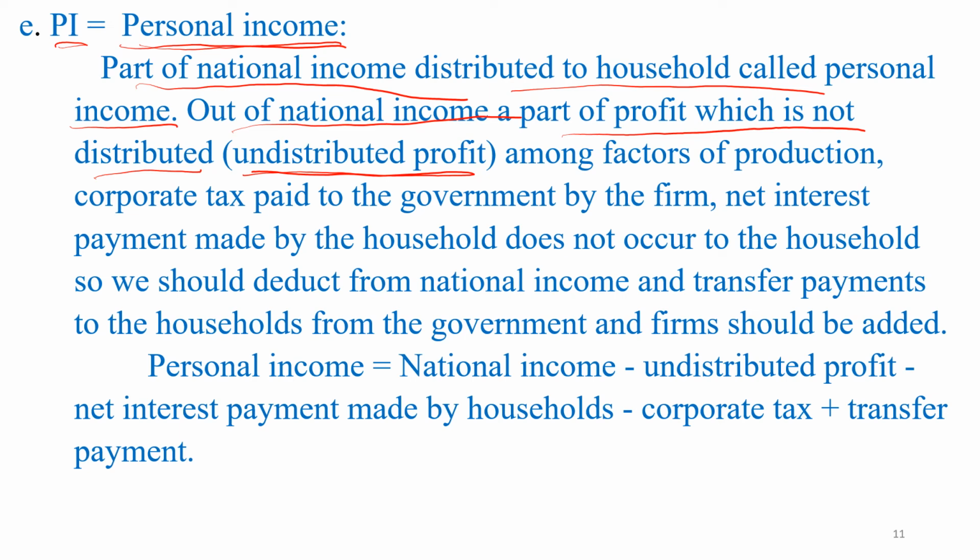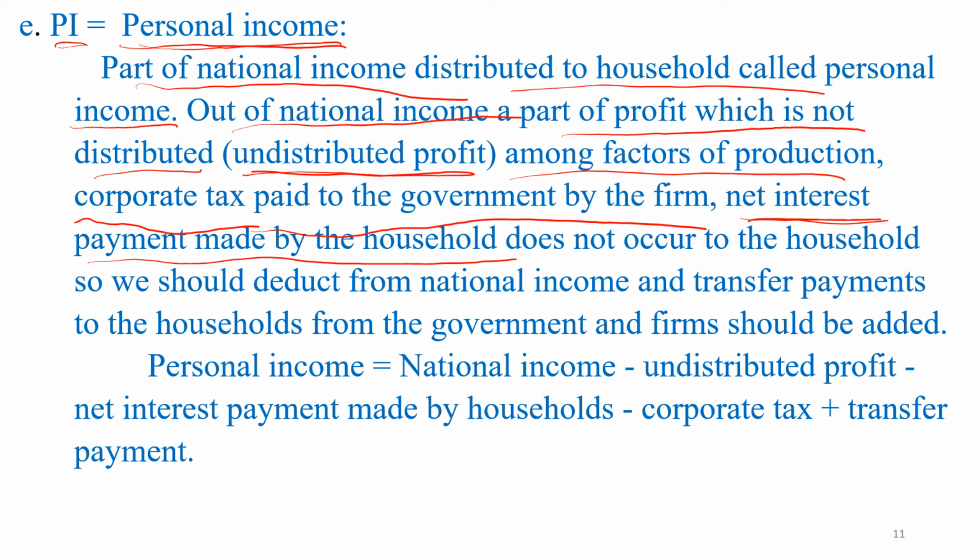So undistributed profit, which is not distributed among the factors of production, you have to deduct. Then you have to pay corporate tax to the government, and that corporate tax has to be deducted. And at the same time, you should deduct even net interest payment made by households, which does not accrue to the household. So we should deduct it from the national income.